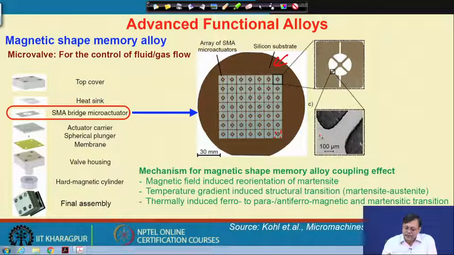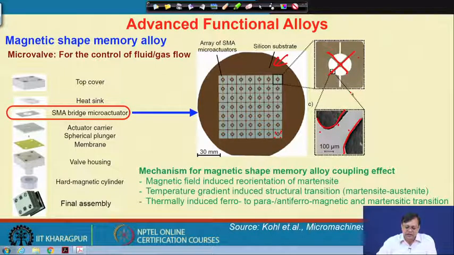A higher magnified image with 100 micrometer is shown here. So, this one is the alloy, and here this is the substrate actually. Another version of such a switch is shown here. So, these are the micro valve, and here these are the connecting materials of these 2 different parts.